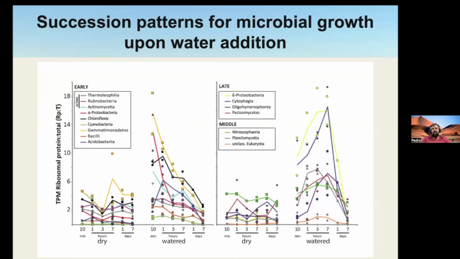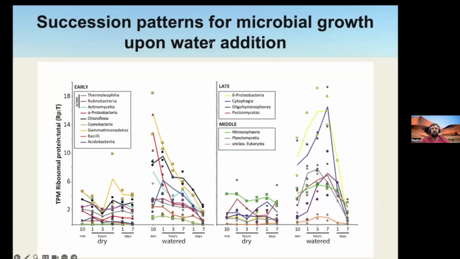And you can see this also by looking at the specific taxa that are being overexpressed, or are changing abundance as you add the water. So based on the data they got, they divided these taxa into early responders, middle responders, and late responders.